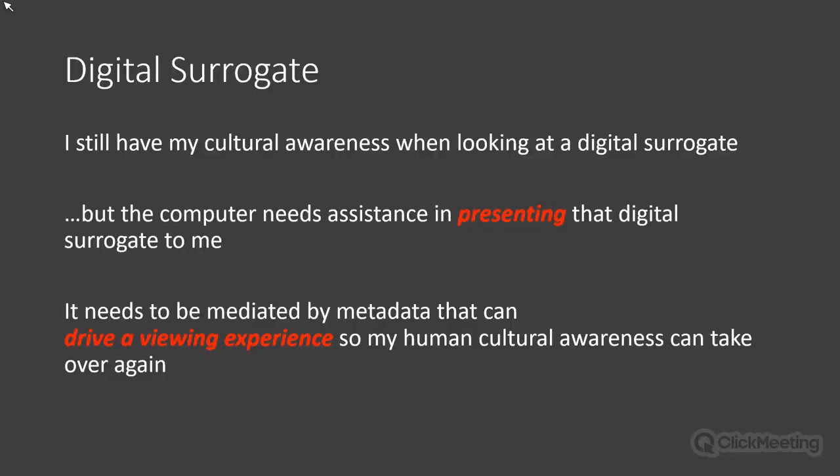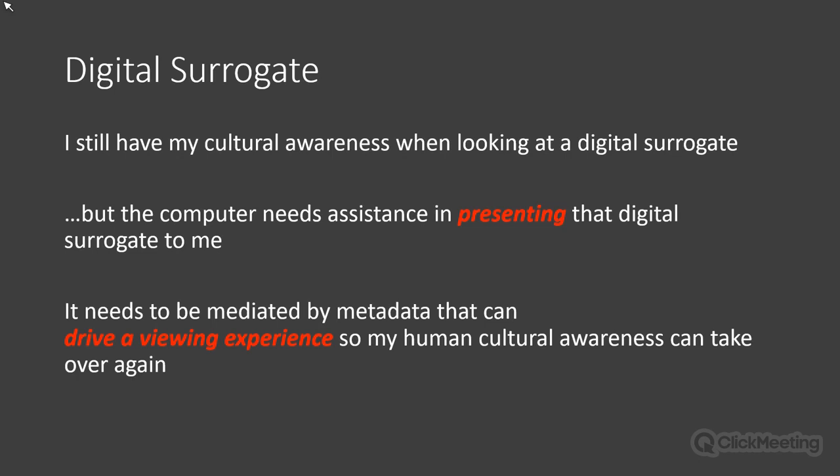In fact, all we're interested in and all IIIF focuses on is the notion of a standardized format for a digital surrogate. Because when we interact with a digital surrogate on screen, we still have our human cultural awareness to interact with it. So we don't need, although we might see the results of a descriptive metadata scheme, we don't actually need that to interact with the object and turn its pages or look at the brushstrokes in a painting or look at the detail of a film.